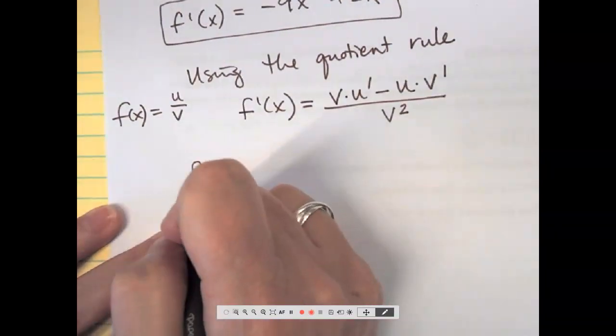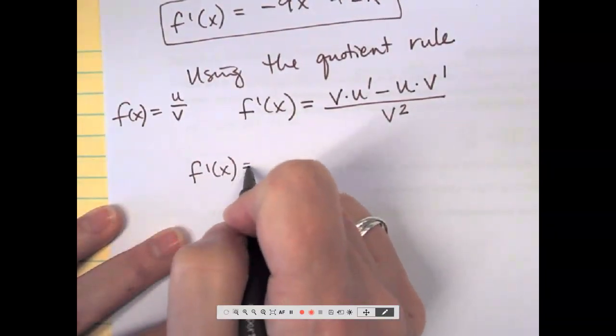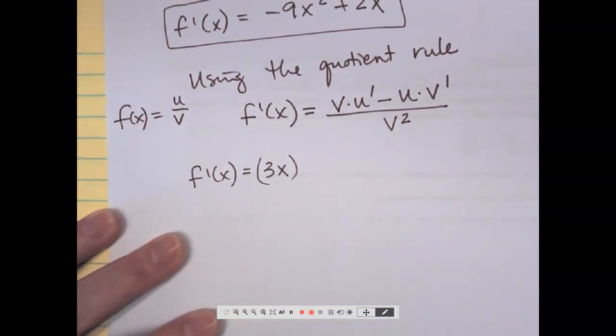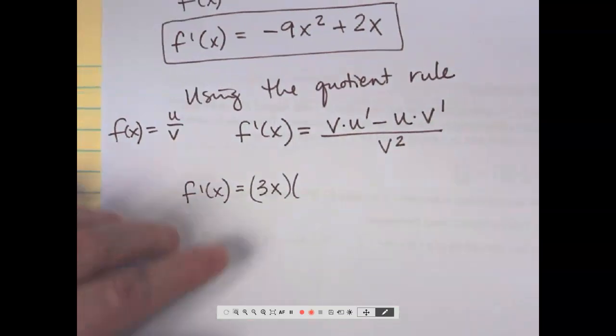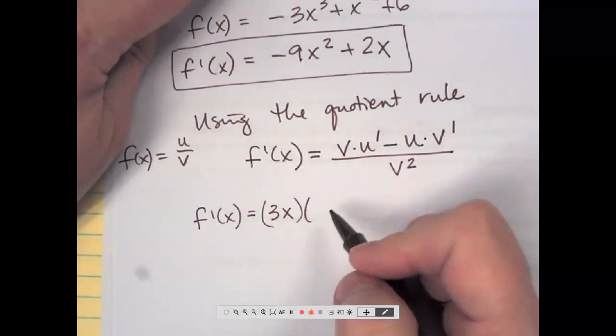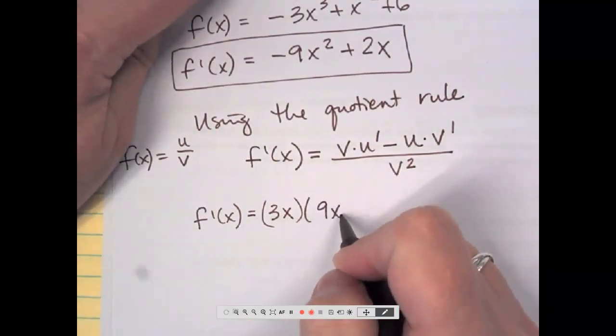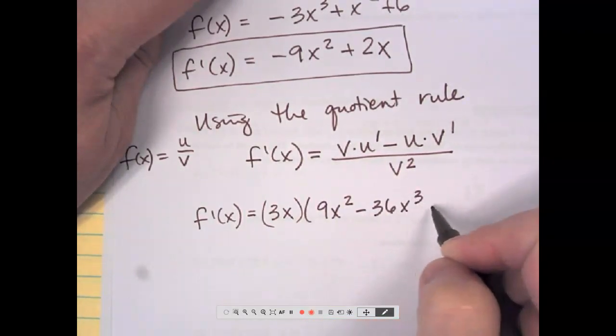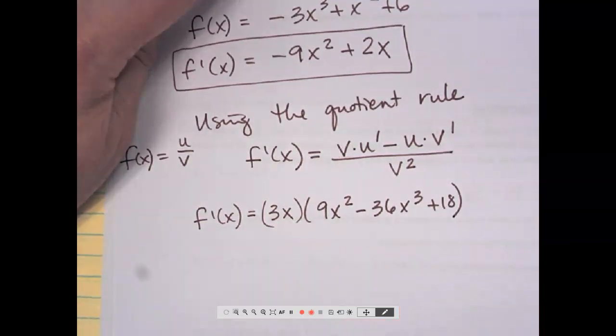Okay, so f prime of x is low. D high, take the derivative of just the top, 9x squared minus 36x cubed plus 18.